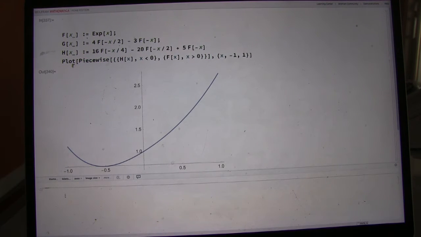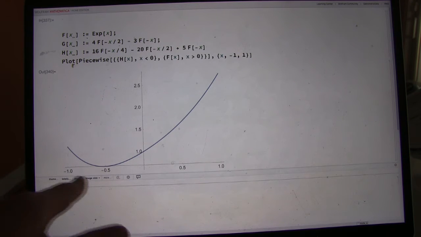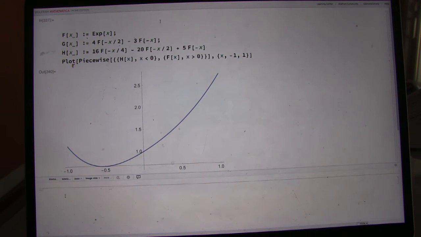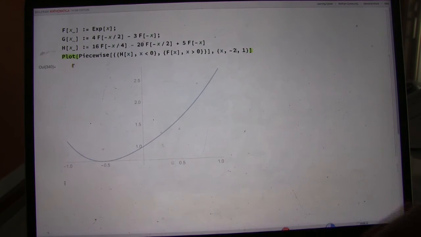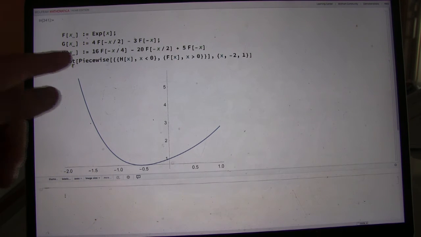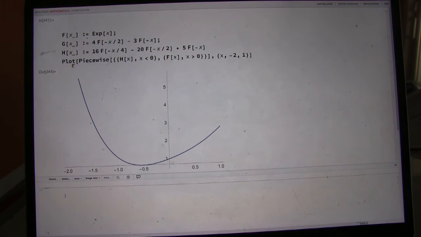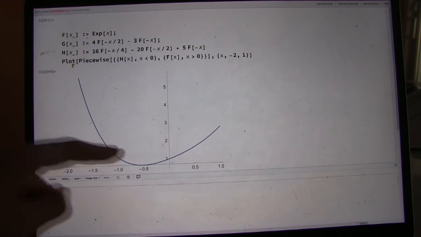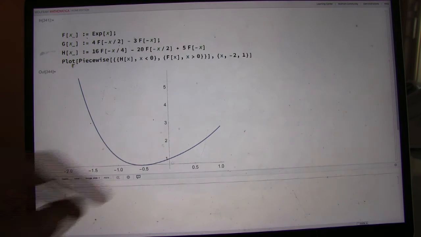So this doesn't even look like an exponential anymore. It looks like a parabola. If you made this go a little further this way. Okay, we can do that pretty easily. Let's go to -2. Now it looks a bit different, but it doesn't seem to resemble anything related to an exponential function, because it goes up steeply here, but then it goes down and comes back up.